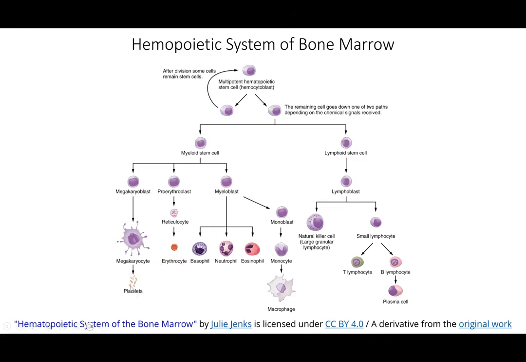And then cytokines is a big group of chemicals. Cytokines means cell movers. So these are chemicals that are triggering a lot of cellular movement to various areas of the body, but also help trigger some of this hematopoiesis.